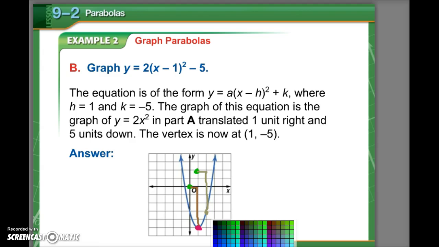Oops, didn't change colors. Right here. And notice again, these 2 pink points, this is the vertex. I went over 1, up 2, the same way from my original one, I went over 1, up 2. So you can see it's the exact same graph, it's just been shifted over 1 space to the right and down 5 spaces.